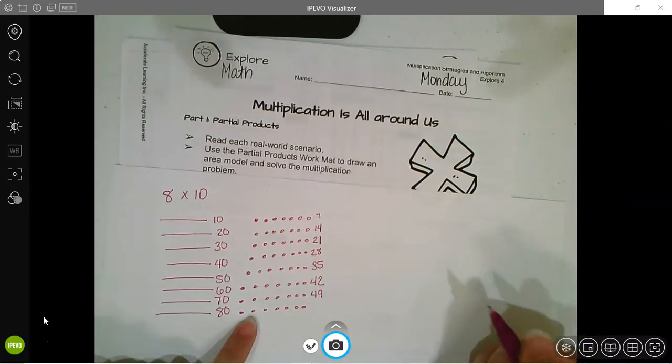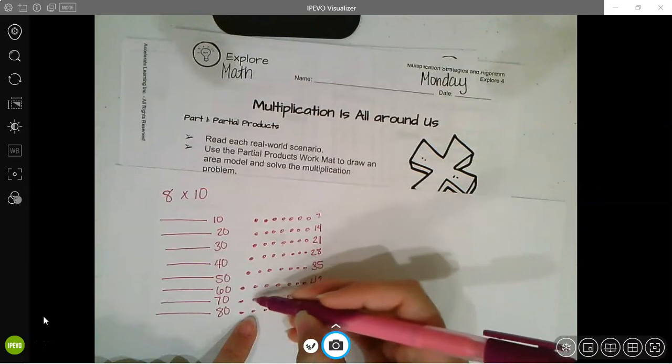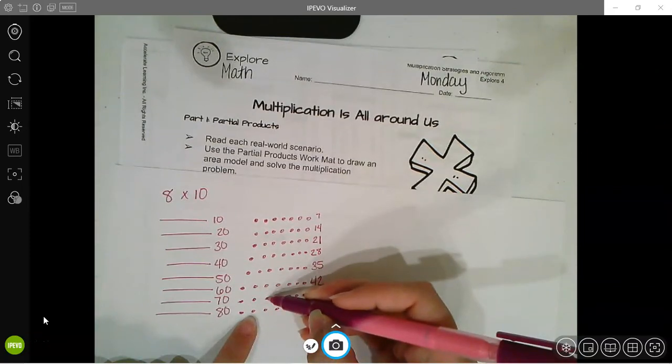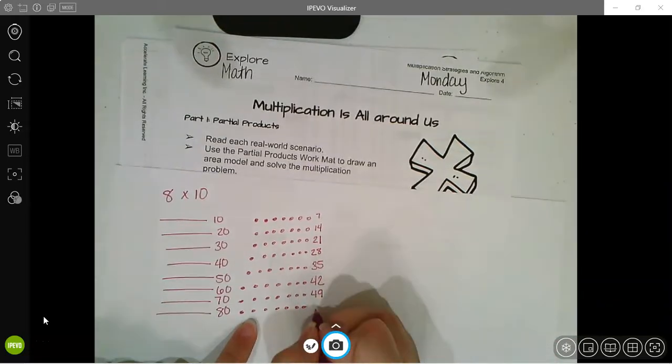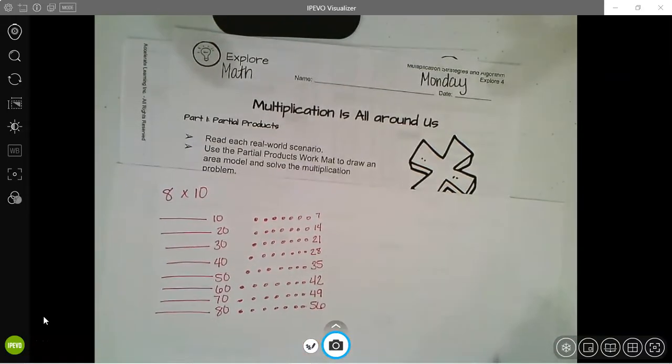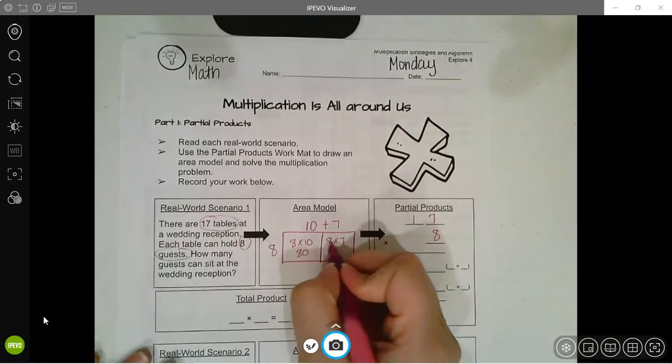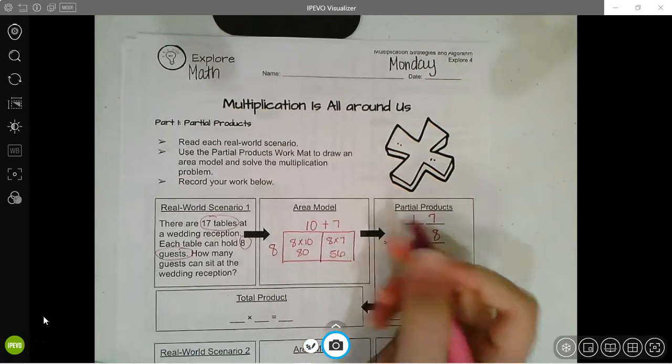And 49 plus 7 is 56. So 8 times 7 is 56.